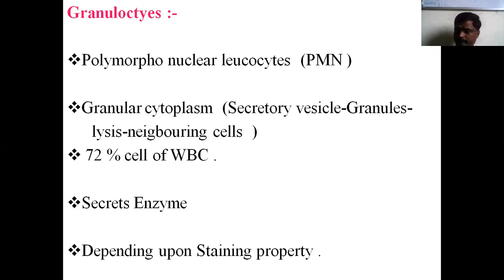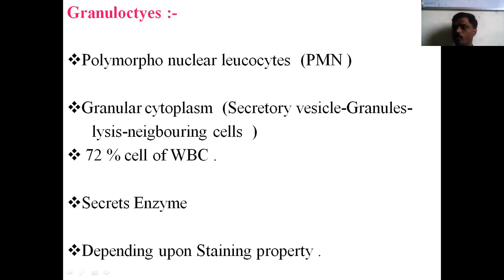destroying the foreign bodies, depending upon the staining property. Staining means which stain is useful. A cell that retains the acidic stain is called an acidophil, one that retains the basic stain is a basophil, and if no stain is required for the staining purpose, it is called a neutrophil. The neutrophil cell is neutral about all these things.